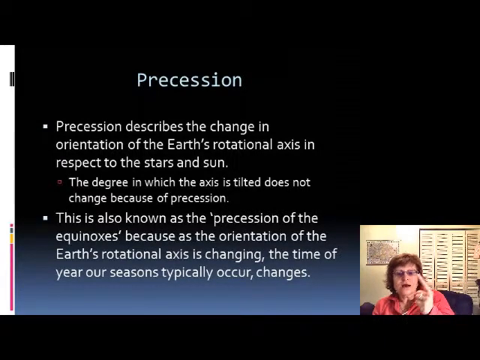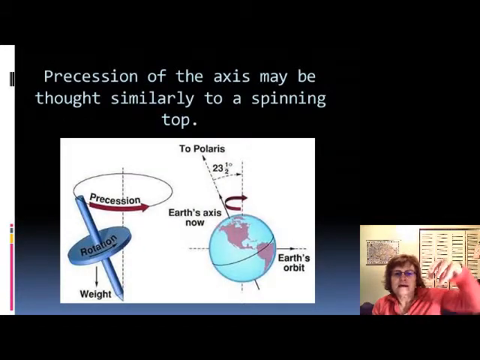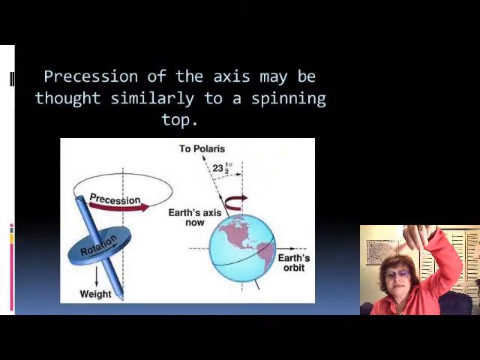So you have to imagine that Earth is wobbling around, the precession around the obliquity. Through time, there are times when it points toward the sun, and there are times when it points away from the sun. So it's kind of important. You have to imagine the precession of the axis as like a spinning top.